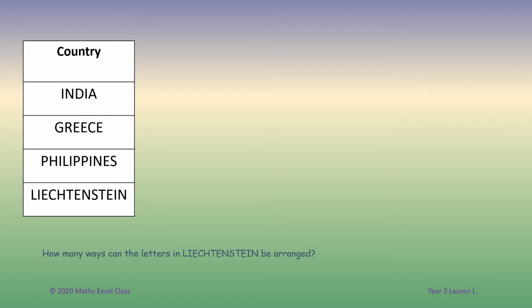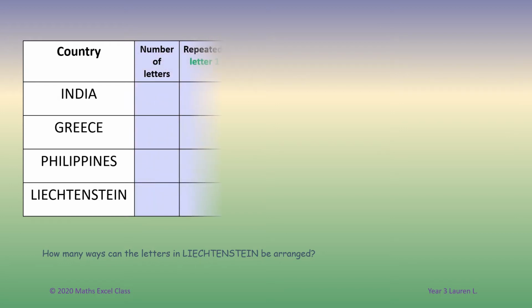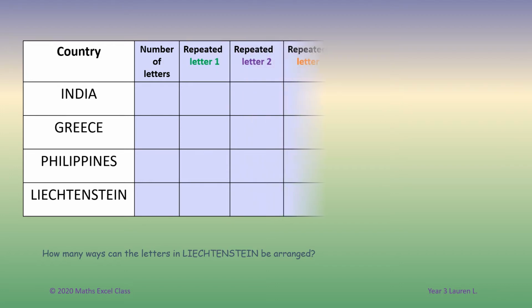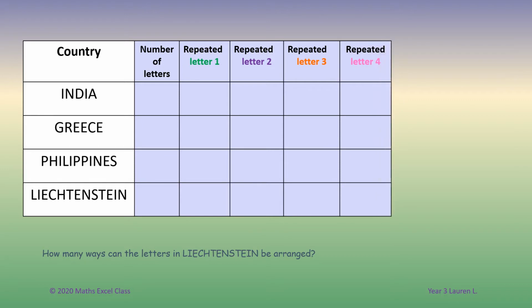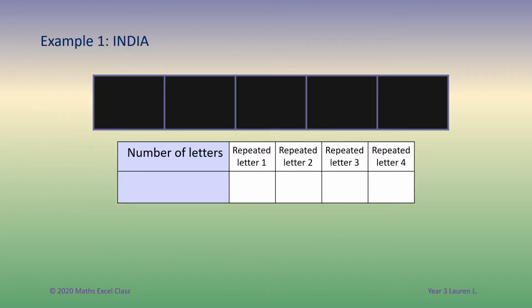To help us, I have these columns: the number of letters, repeated letter 1, repeated letter 2, repeated letter 3, and repeated letter 4, as Liechtenstein has 4 repeated letters.